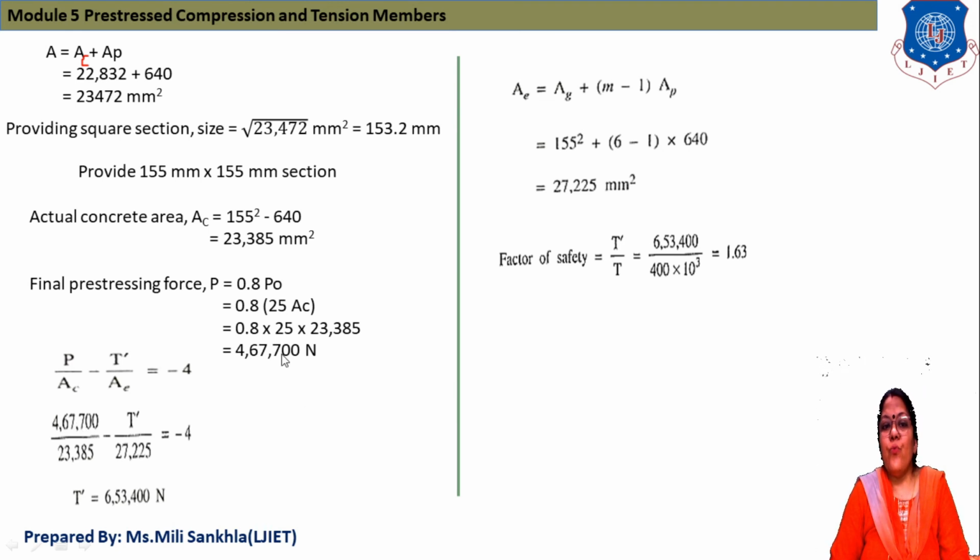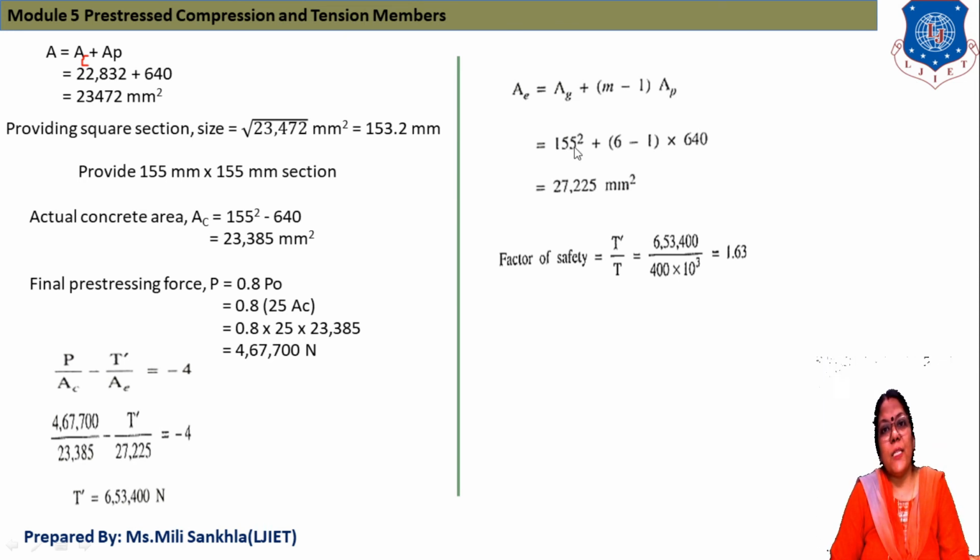P is equal to 4,67,700 divided by area of concrete 23,385 minus T dash divided by the equivalent area AE, which is equal to 27,225 minus 4, and here we get our new external load as 6,53,400 Newton.